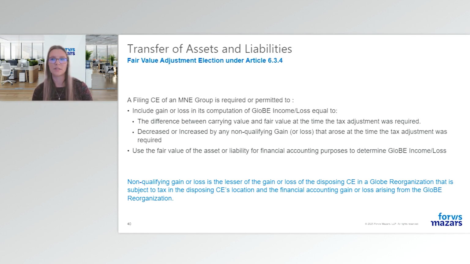This is commonly seen, for example, in a situation where exit tax is assessed on a cross-border reorganization. This article will provide an election for a constituent entity or its owners to adjust the tax basis of assets and liabilities to align with local tax law. And this is just going to provide a little bit of administrative relief in the accounting processes when computing GLoBE income or loss.